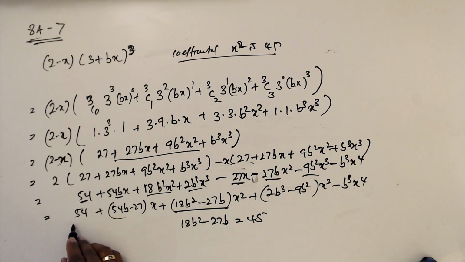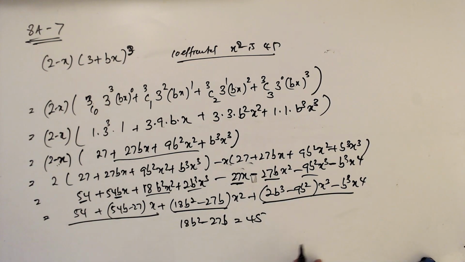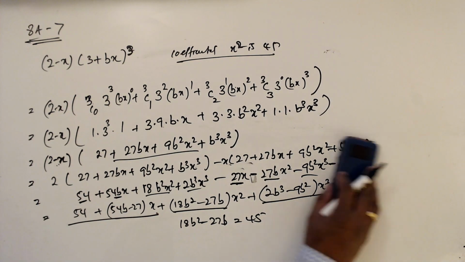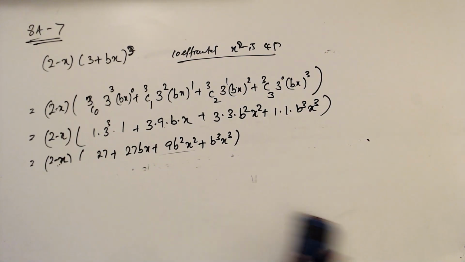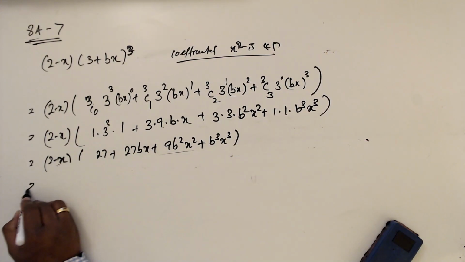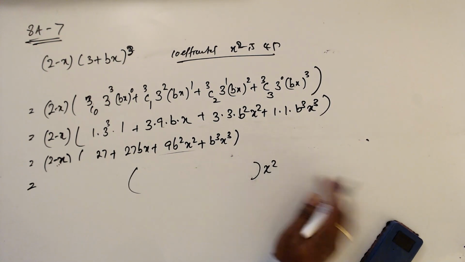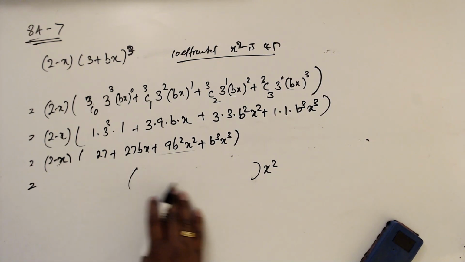Now you can see that we waste a lot of time to find these unnecessary terms, right? Instead of that, how do you do this one shortly? Now I need the x square term. I don't need other terms. Now think about how you can make x square.